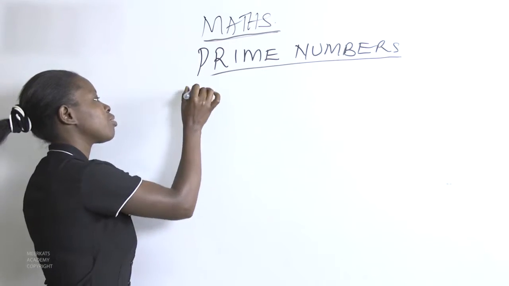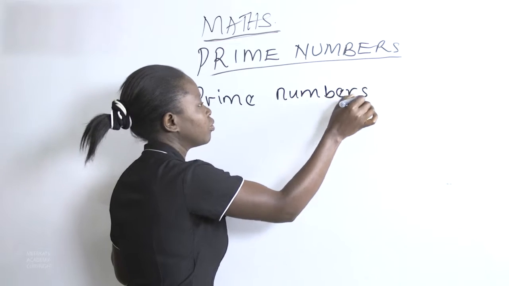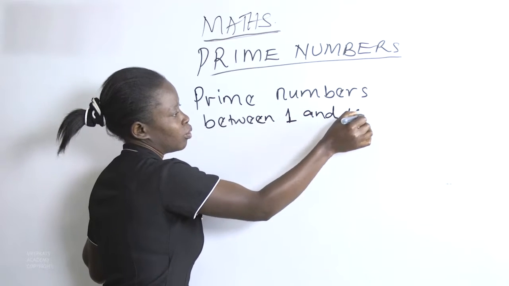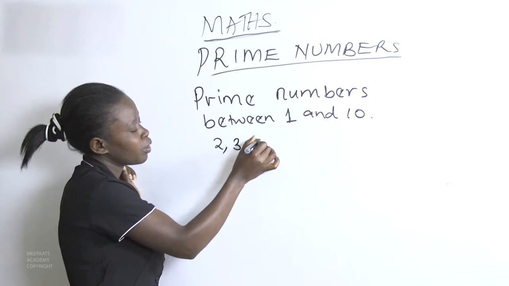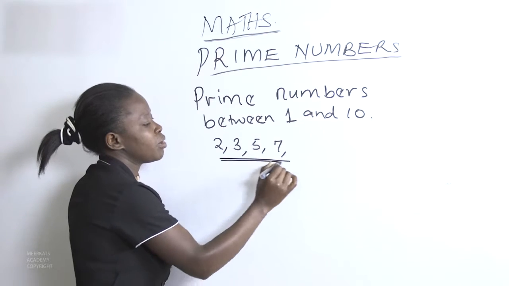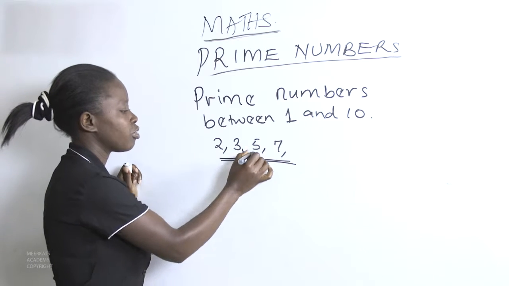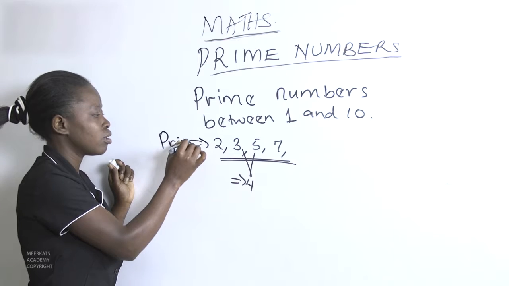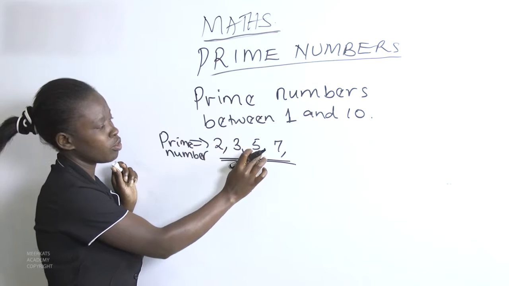When we are talking about prime numbers between 1 and 10, the prime numbers we have are 2, 3, 5, and 7.